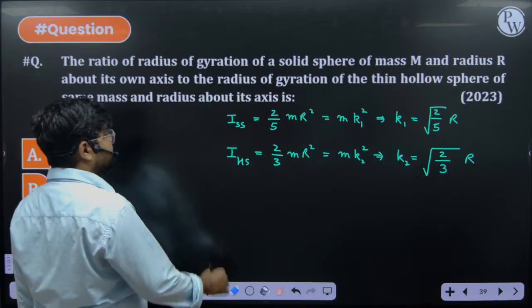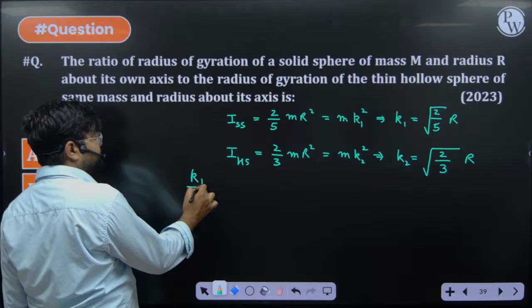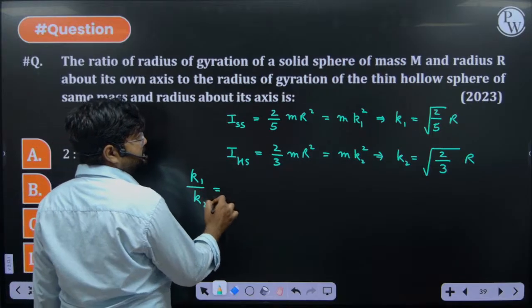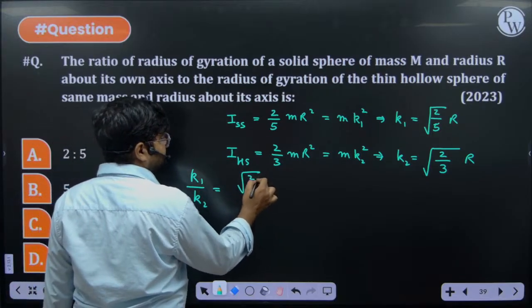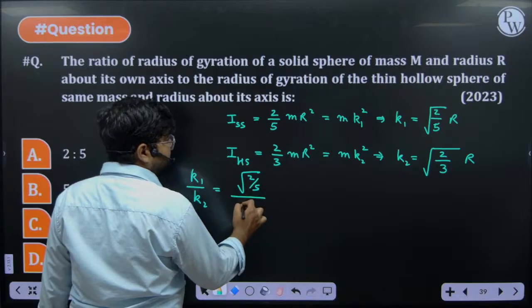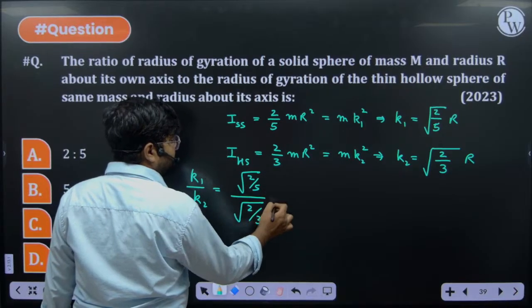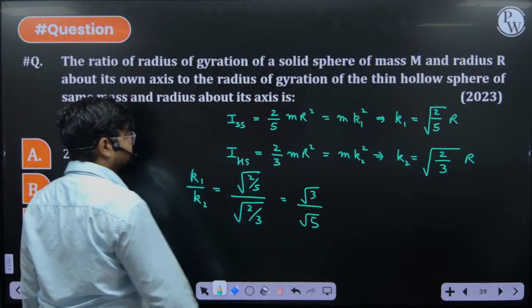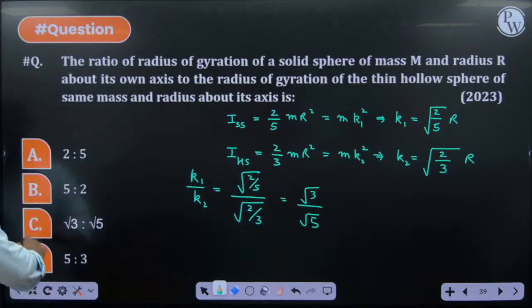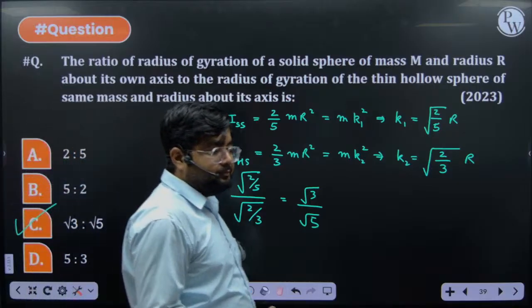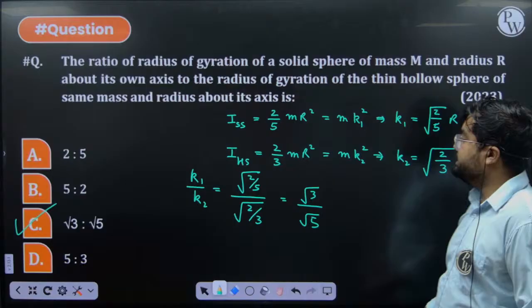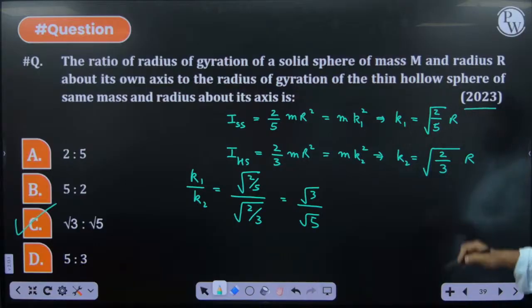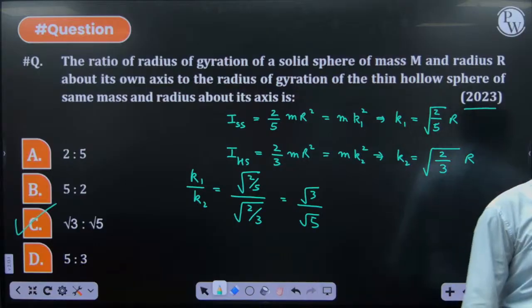Now the ratio of radius of gyrations k1 by k2 will come out as root 3 by root 5. So the correct answer here is option C. A very simple question, and they have asked this in the year 2023.